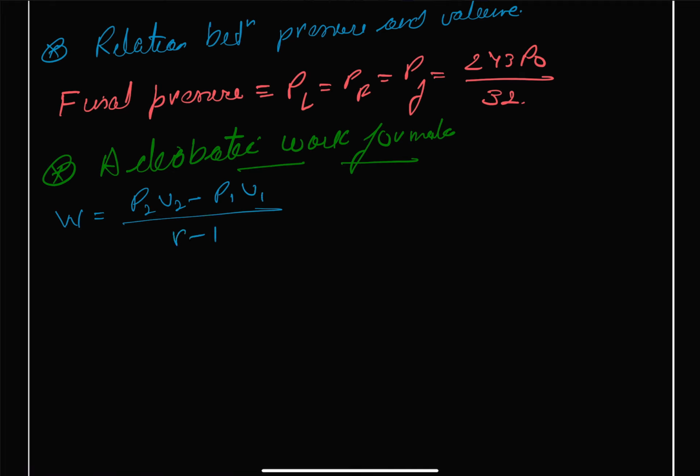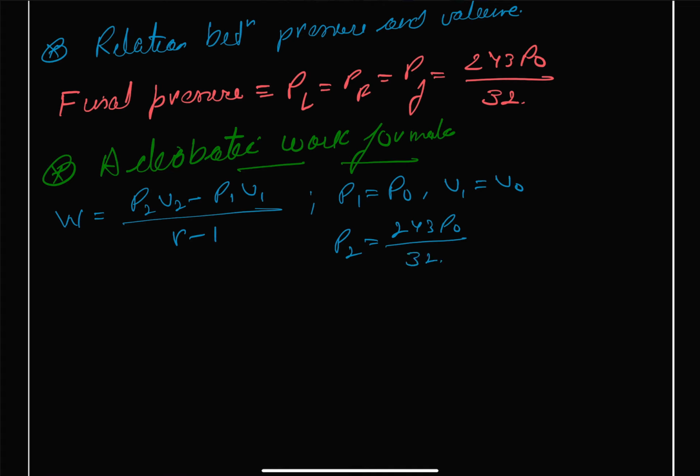Okay. And here P1 is equal to our P0, V1 is equal to our V0, and our P2 is given to us, that is 243 times P0 upon 32.